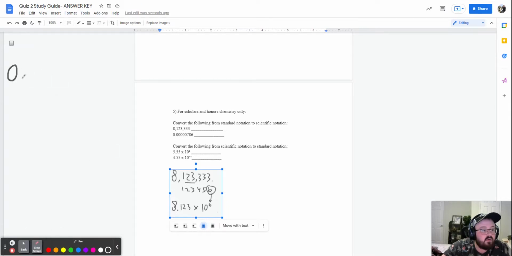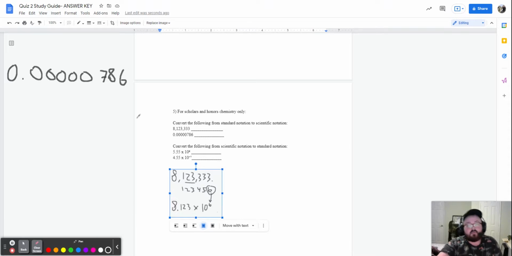Example 2. We have 0 point, how many zeros are there? 1, 2, 3, 4, 5. All right, so first we count the amount of zeros after the decimal place. 1, 2, 3, 4, 5. You add 1 to it.